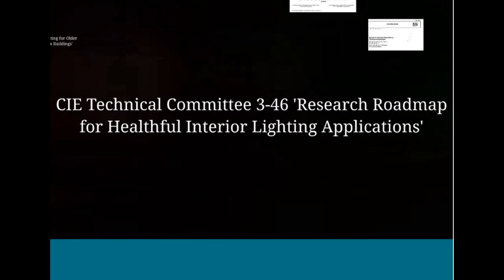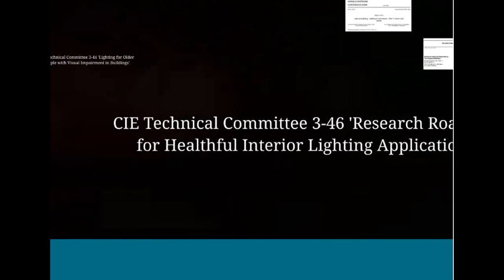Now, there's also a lot of work going on in various international technical committees, the idea being to make this possible and accessible for specifiers, in terms of lighting designers and engineers on a broader scale. So the CIE are working on this in various different ways.